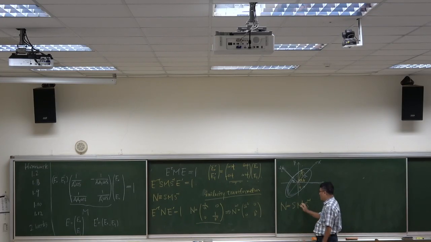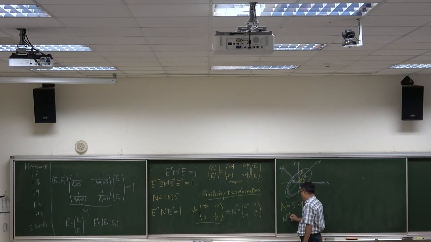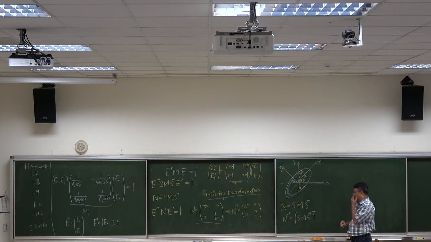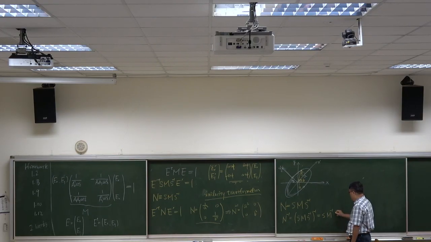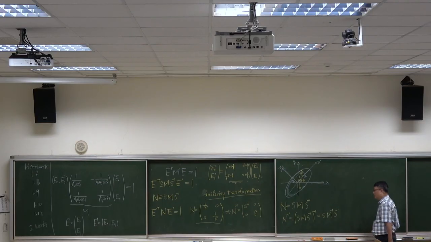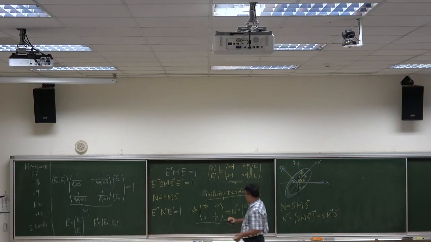So if we calculate the inverse of the matrix, N inverse is the inverse. Okay, so we will reverse the order. S inverse gives us S, M inverse in between, and S inverse. Okay, so finally we have this relation.